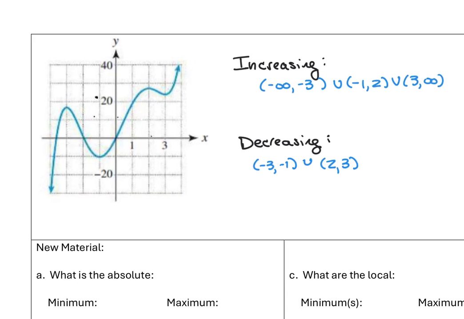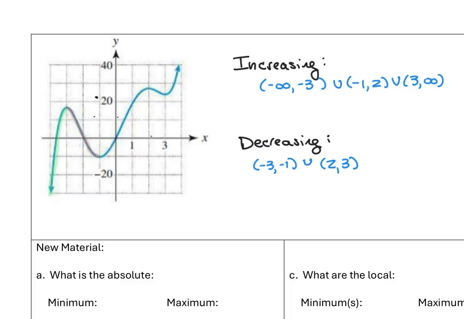Again, we're going to go ahead and identify what we talked about before, and we talked about increasing and decreasing. So when we start on the left, we are increasing from negative infinity to negative 3. We reach the top, and then we decrease till we get to negative 1.